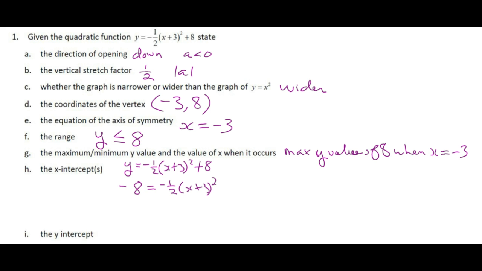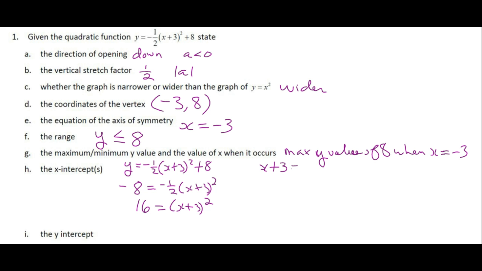We're going to isolate the thing that's squared. So we're going to move the 8 over. We're going to multiply both sides by -2 to clear out the -1/2. We could divide both sides by -1/2, but I don't like dividing by fractions. So 16 is equal to (x plus 3) squared.